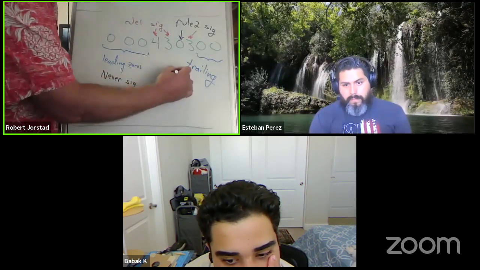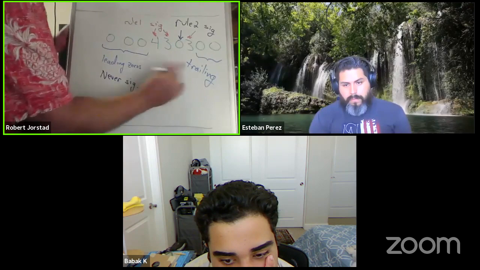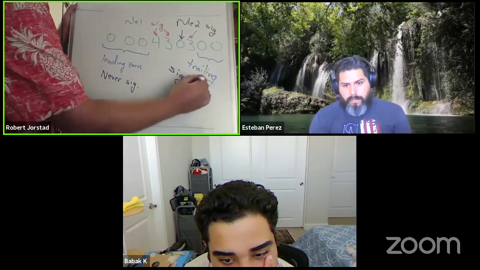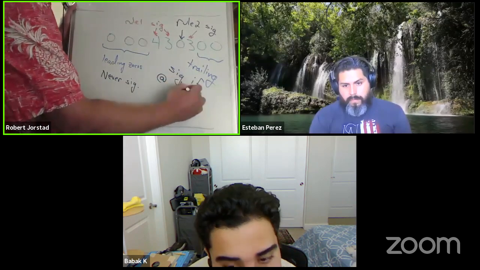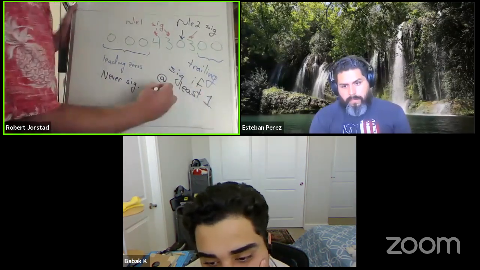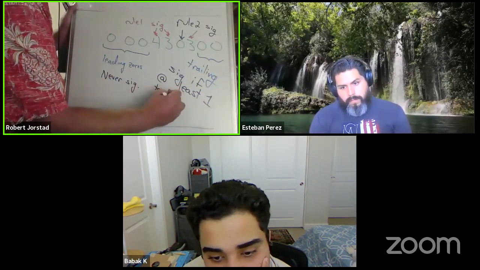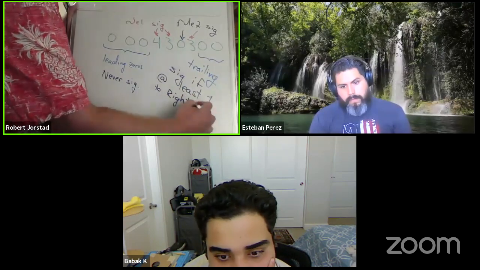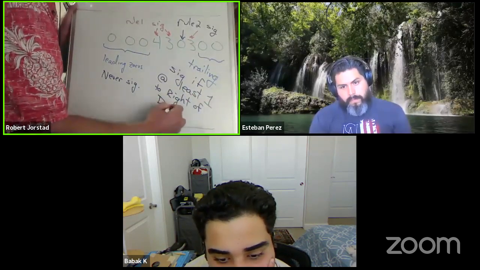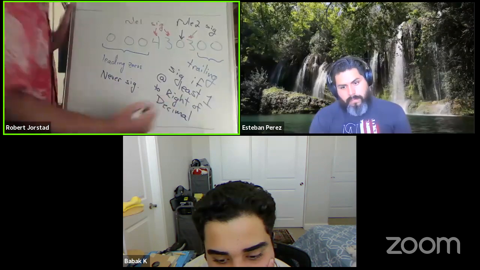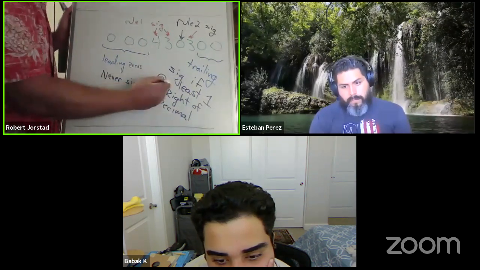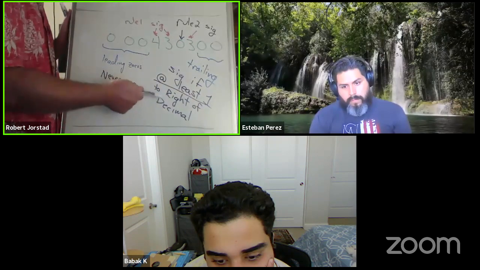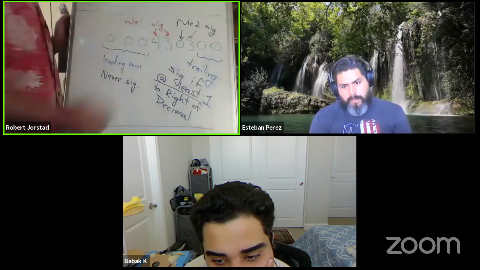Trailing zeros, sorry, this is a long phrase. They're significant if at least 1 is to the right of a decimal. So in this case, these are significant.